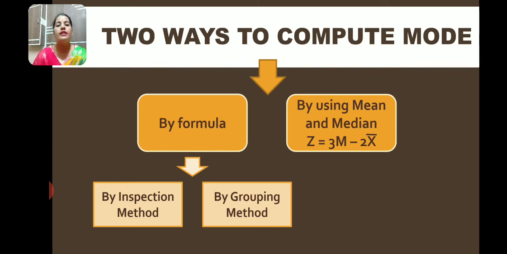But this method is rarely used. The first method, by using the formula, is usually used to compute the mode in continuous series. Now we will see how to solve a question by formula method under the inspection method.